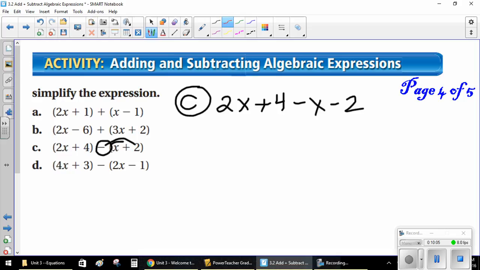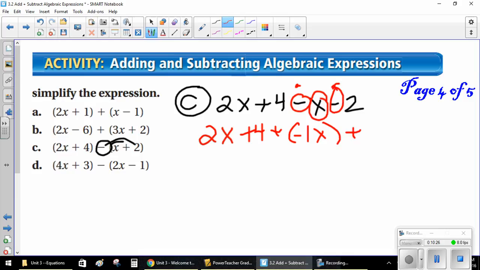So what I'm going to do now is rewrite all these minus signs, this one and this one, as plus opposite. So 2x plus 4, I'm going to make this a plus. I'm going to make this opposite, so negative 1x. Remember, x is the same as 1x. And I'm going to make this plus, and I'm going to make this its opposite, so negative 2.